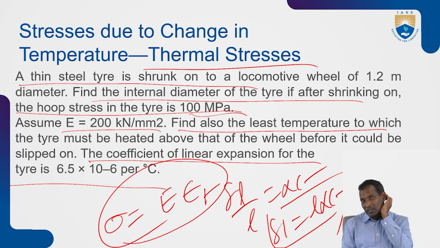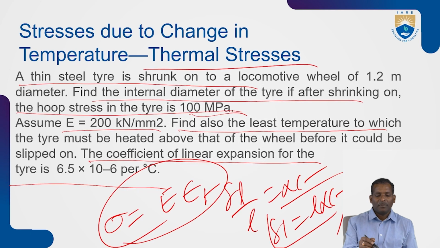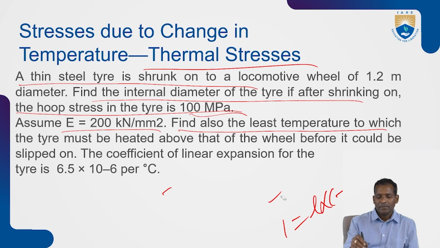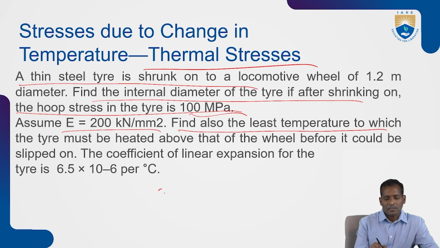So this depends upon the material's thermal expansion coefficient. Like this you need to calculate the thermal stresses. Suppose in this problem the thermal stress sigma is given. If not given, the remaining values are also available. Then how do you calculate this thermal stress?